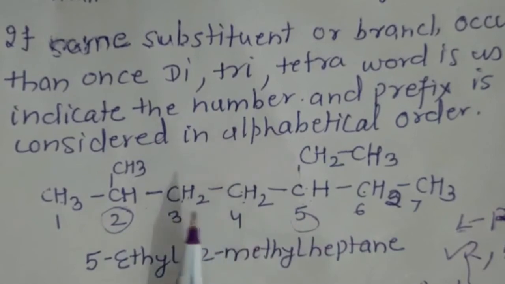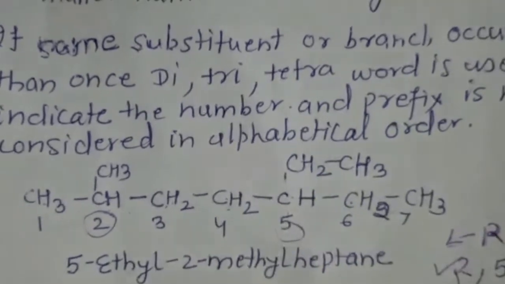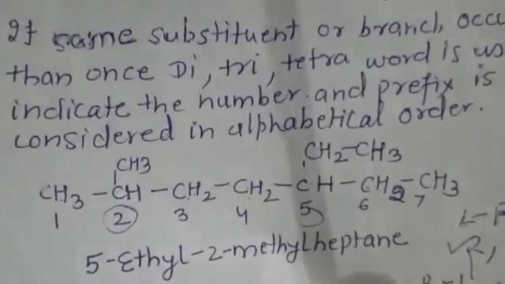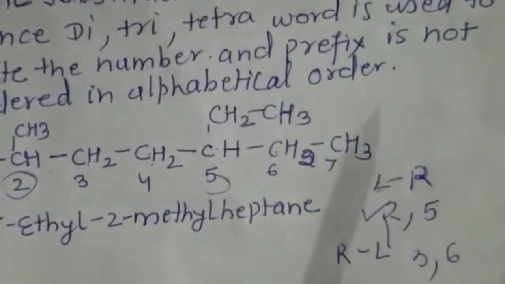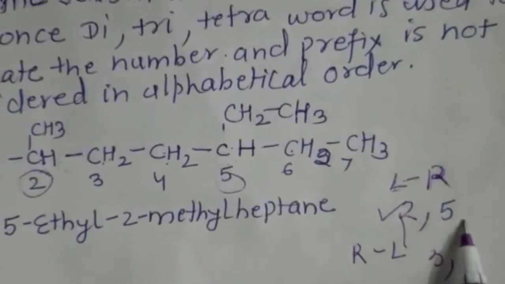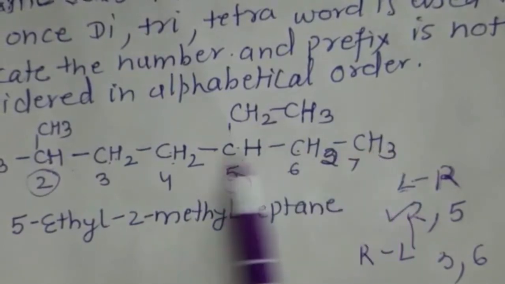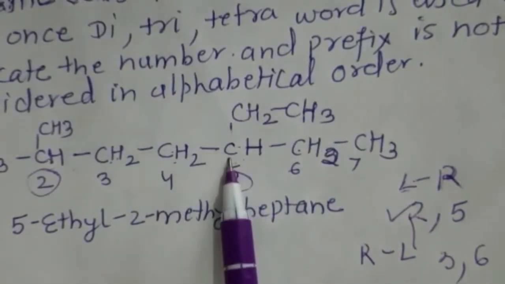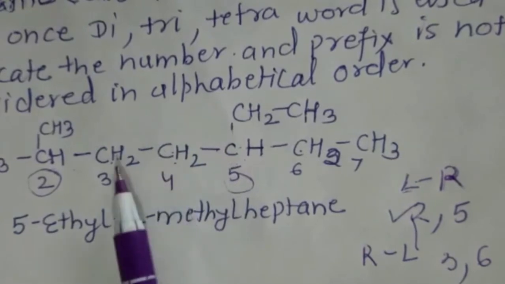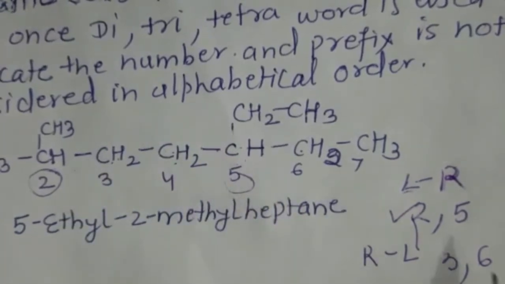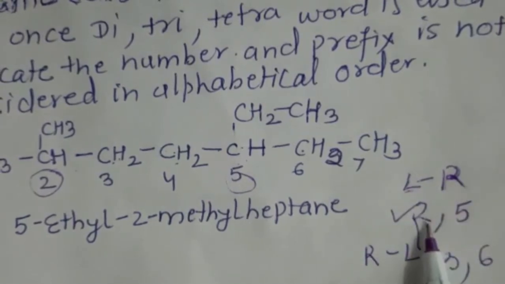So while numbering the carbon atom from left to right, we get the position of the locants as 2 and 5. And moving from right to left, the position of the locants will be 3 and 6. Here the position of the locant moving from right to left is 3 and 6, and from left to right, it is 2 and 5.